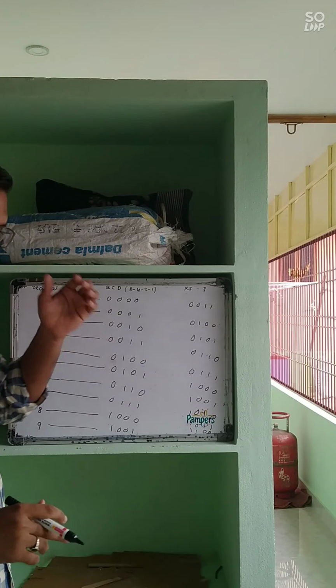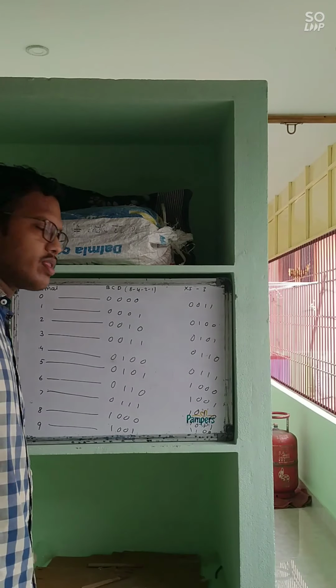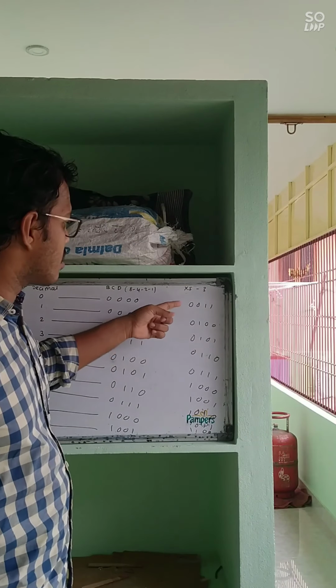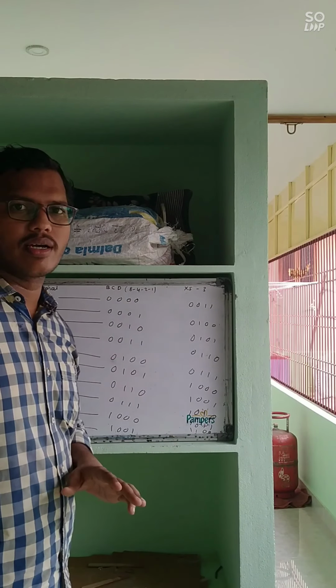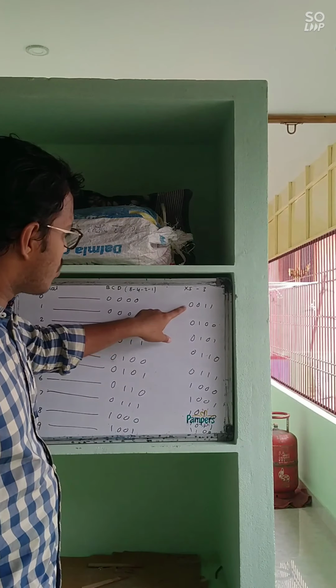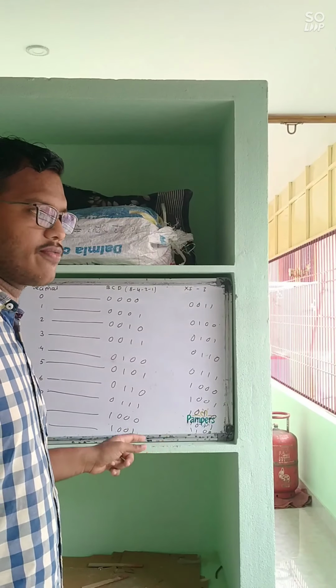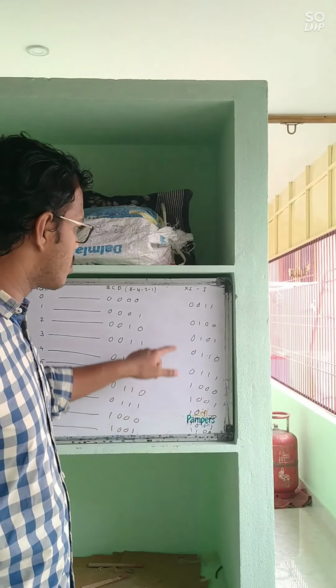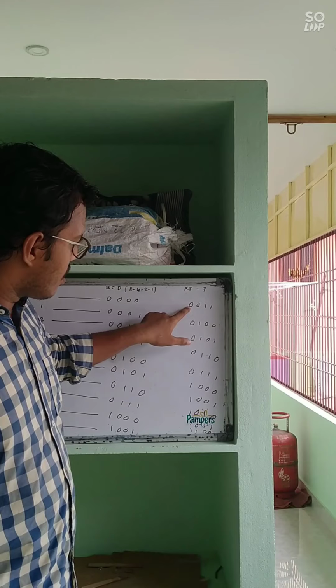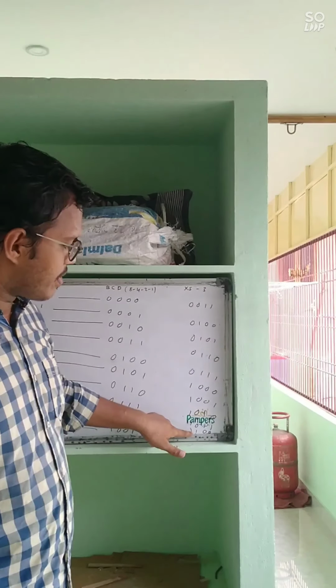If you observe this table, you will notice one thing. The XS3 code is a self-complementing code. See here, 0 is complementing to 9, so 9 is the complement of 0. These two are opposite bits.